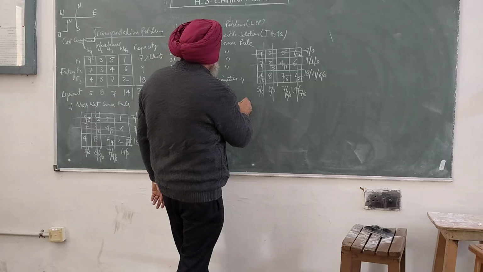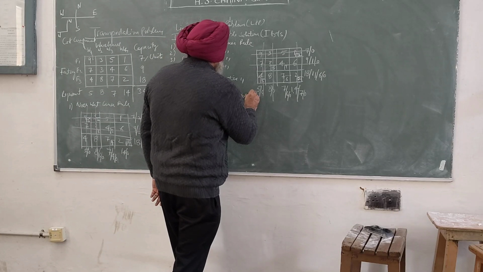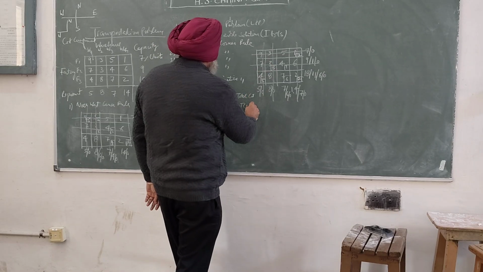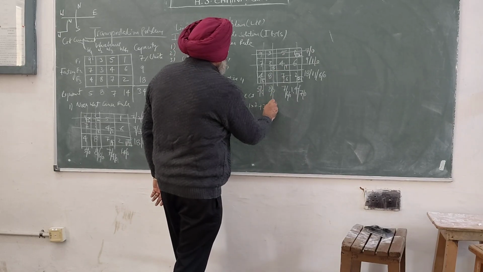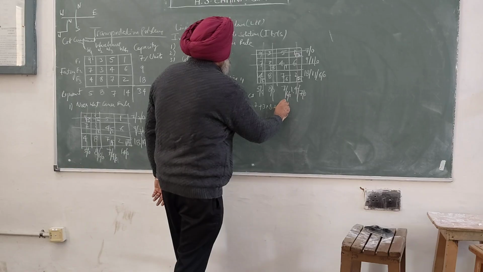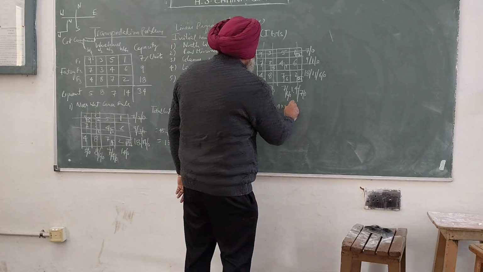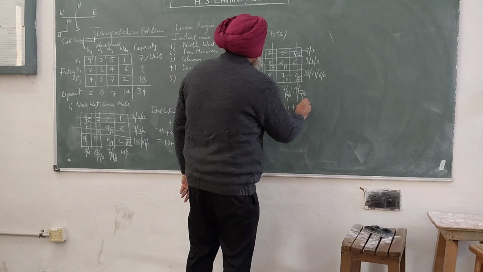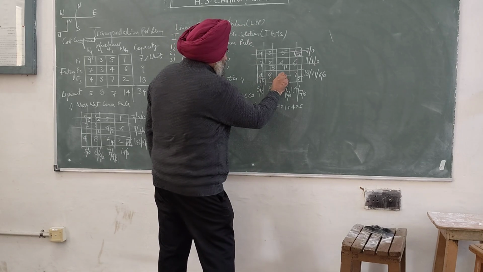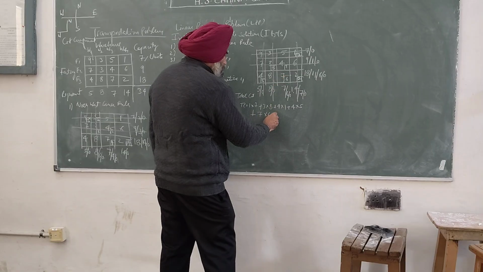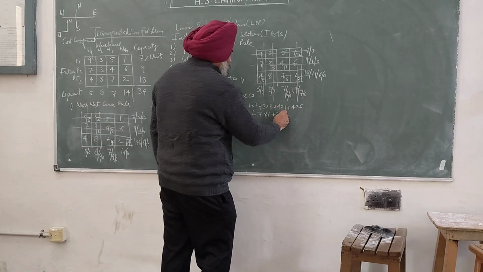TC is basically the total cost. This is the second method. Look at here, 1 into 7 plus 3 into 8 plus 4 into 1 plus 4 into 5 plus 7 into 6. This is the cost associated, you are moving 6 units. 2 into 7.